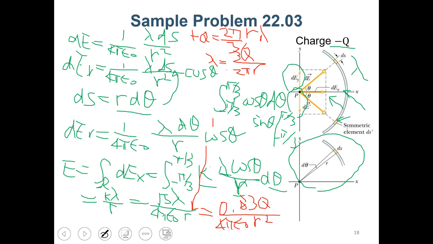Oh, yeah, sine 60 degrees. K is 1 over 4 pi epsilon 0. I see.